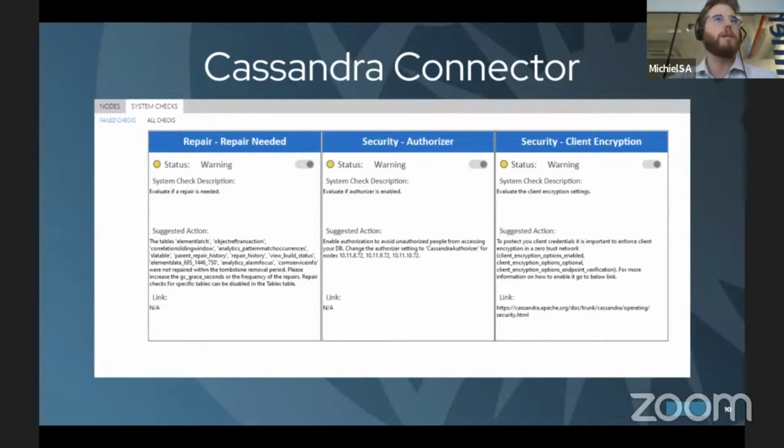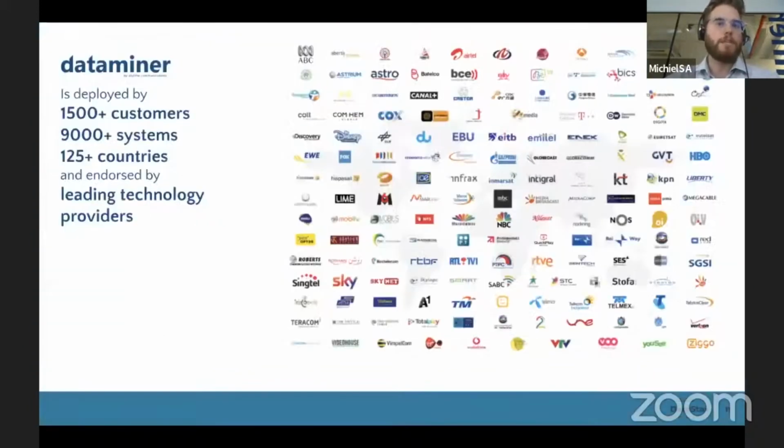That was the column that you can disable for every table, so that if you have, for example, a GC grace seconds which is very low for hinted handoff, you don't get false alarms. And then immediately you know if there is something wrong. And there were also some other checks that we're planning to expand.